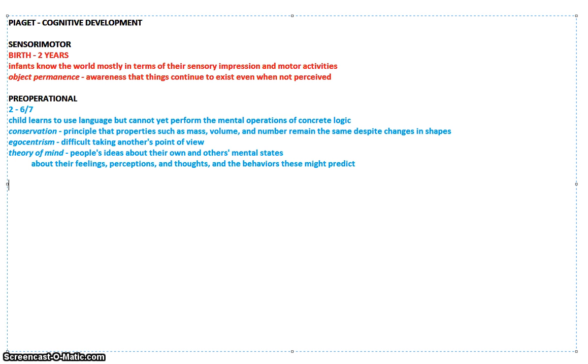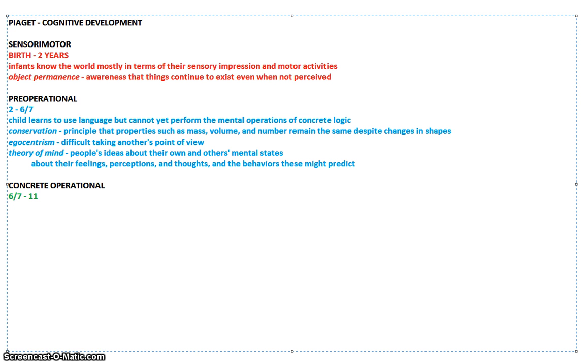After that, you have developed operations, which means the next stage is called concrete operational. And the age range for this is going to be from 6 to 7 to about 11 years old.